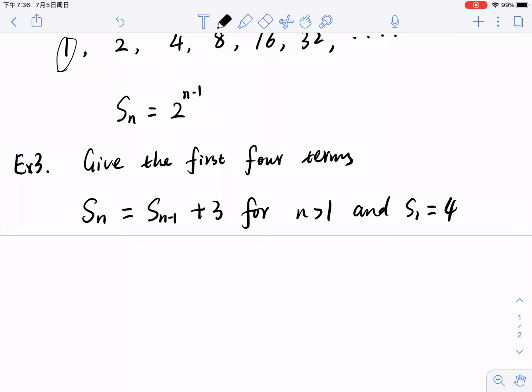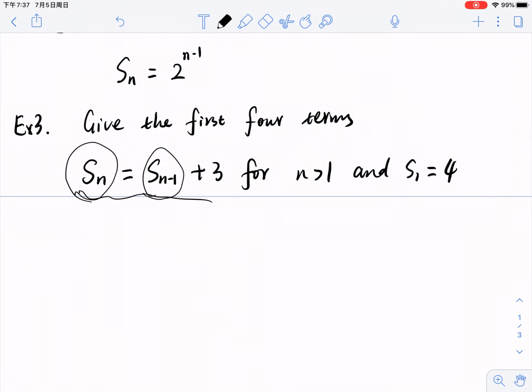So you see this sequence is defined recursively. That means its nth term is related to the n-1th term. So the nth term is determined by the previous term.